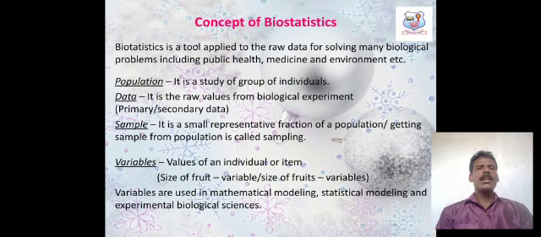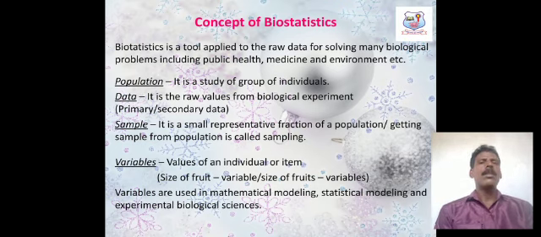So within the data, you are unable to present it in front of others for understanding. The people are unable to understand the data. What does it mean? So that's why there is a need to apply a suitable method of biostatistics to present the data systematically for people's understanding.